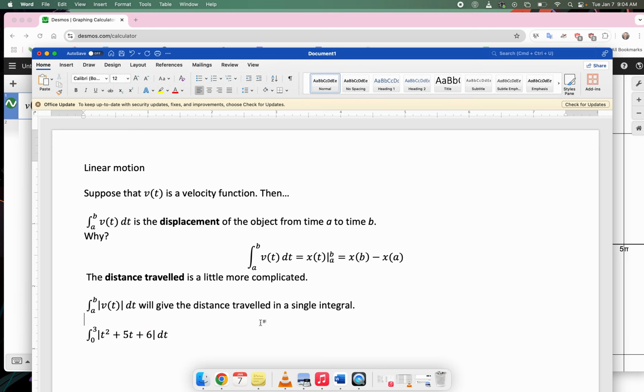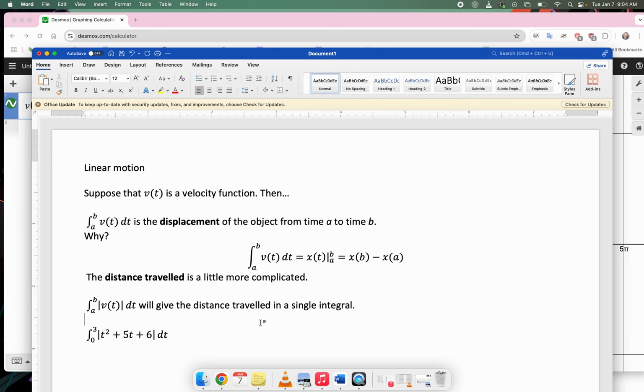Last thing that I want to talk about today is average velocity. That's a concept that we've seen way back in the beginning of the year. You recall, the average velocity is just the average rate of change of position.